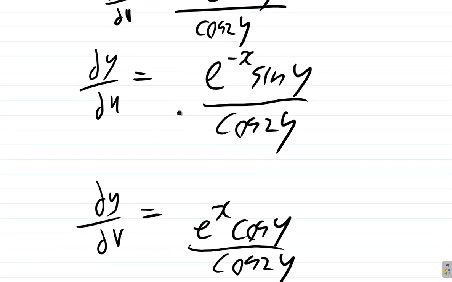Then we have delta y by delta u is e to the negative x sine y over cos 2y. And then delta y by delta v is e to the x cos y over cos 2y.